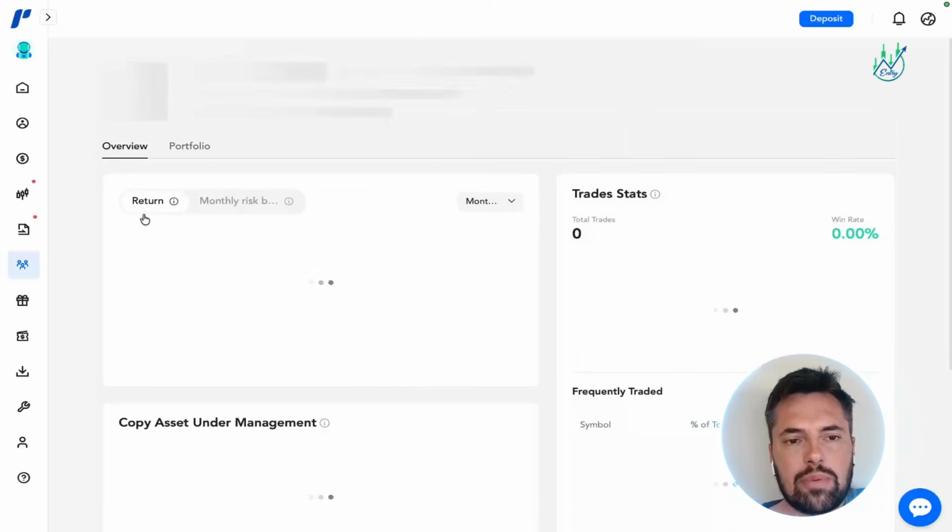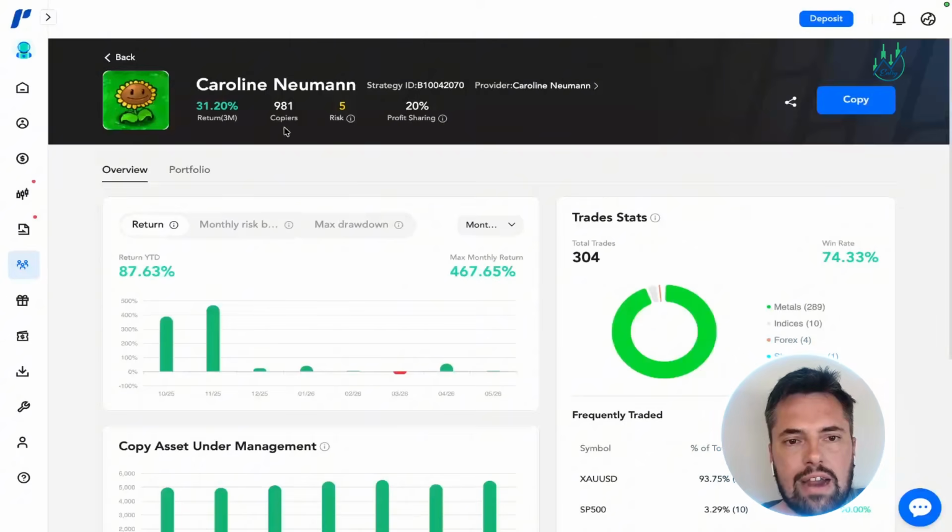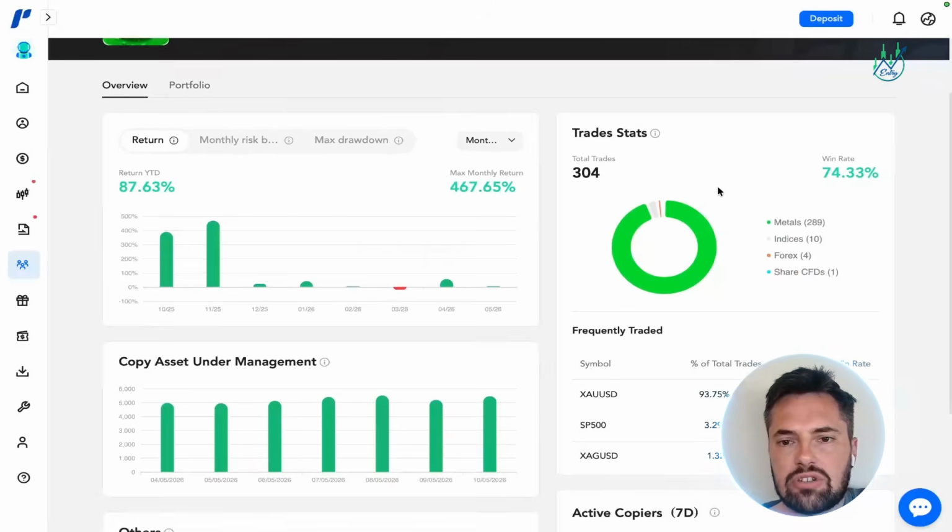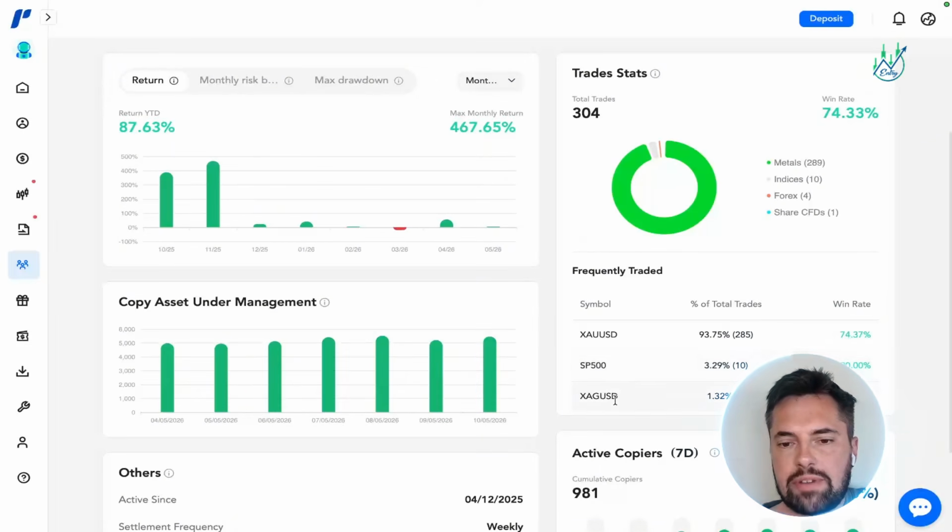So let's say we want to trade with Caroline, and you see that she's taken a total of 304 trades, 74% strike rate. She trades gold, SP500 and silver, and you can just see her track record is pretty steady, to be fair.